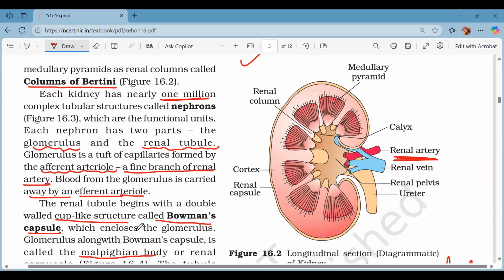Done, students? This diagram is done. Yes, ma'am. Aisha, you're also done? Yeah, ma'am, just finishing touches. Okay. You can scroll down.